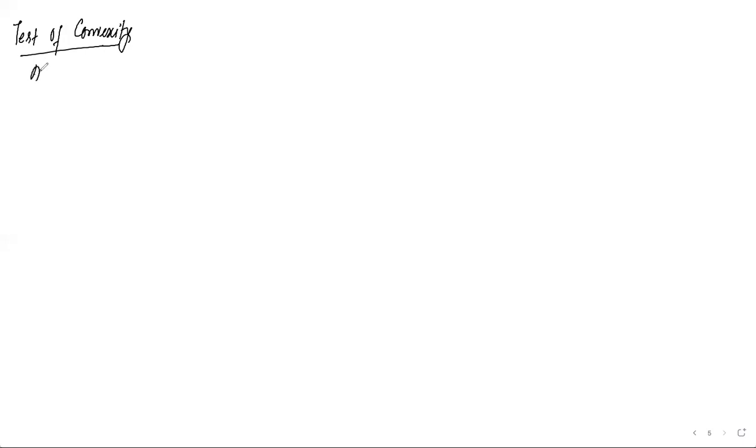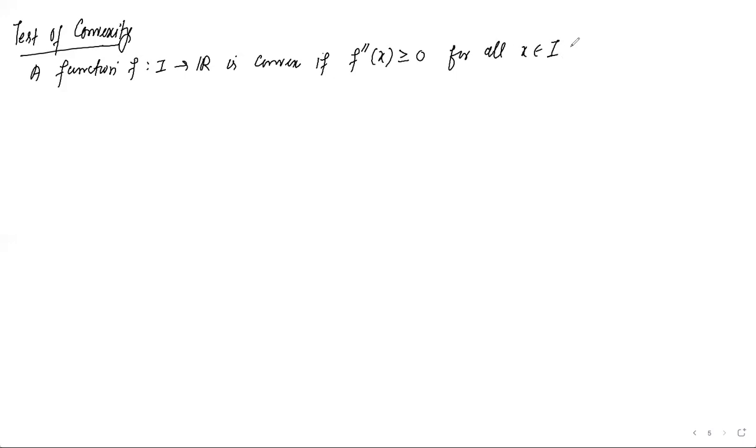So a function f from I into R is convex if its second derivative is positive, if f double dash of x is greater or equal to 0 for all x belonging to the interval I. And this test can only be used provided that the second derivative exists for such a function.